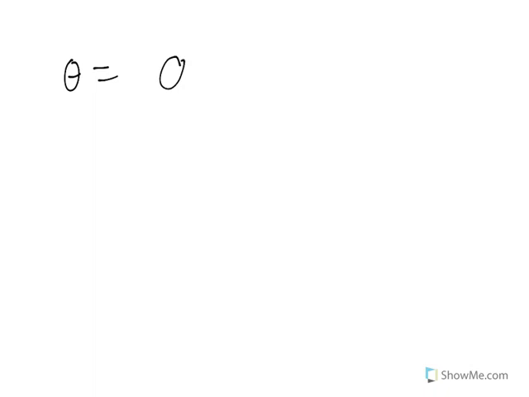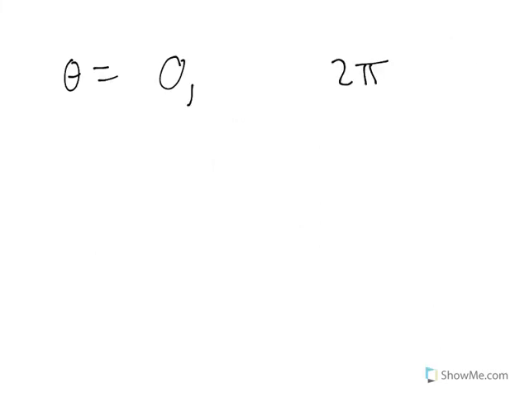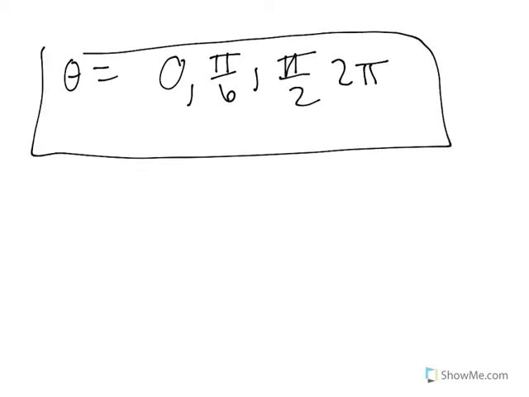So we have 0, and then 2 pi is all the way around the circle, so we're going to go in order, so that's going to be towards the end. And then we have pi over 6 and pi over 2. So these are all the solutions to the problem that we were trying to solve.